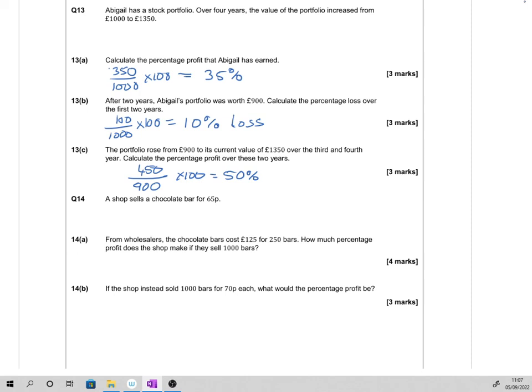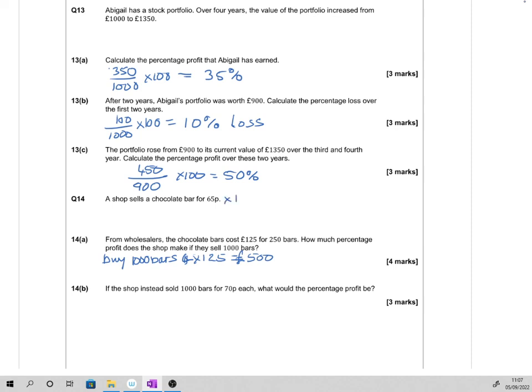To buy 1,000 bars, it's going to cost 4 times 125, which is £500. So that's how much you're buying them for.